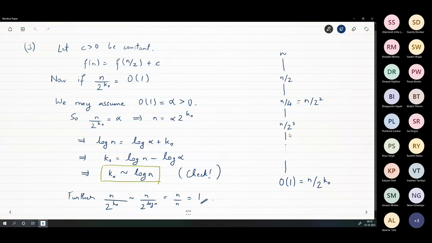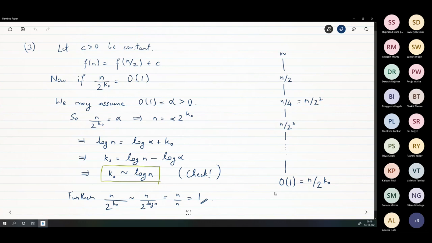So you have this sort of tree. It starts at n and goes down, where the values go on decreasing: n by 2, n by 2 square, n by 2 cube, and so on. Finally, you will reach the initial value, f of 1. Here I am writing big O of 1 because it need not be exactly f of 1 all the time. It could be f of 2 or f of 3, but it will be f of some constant.